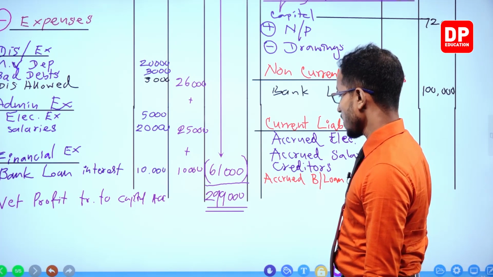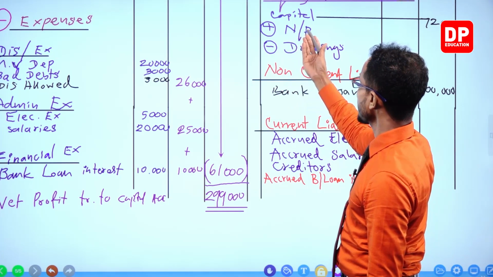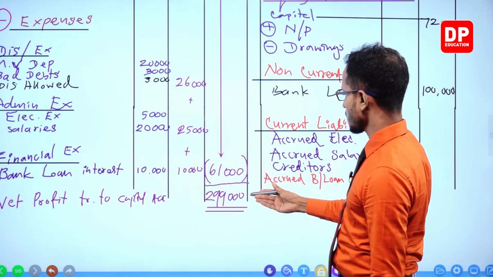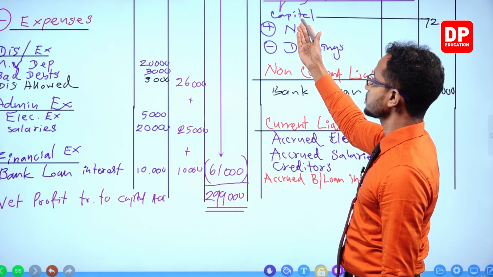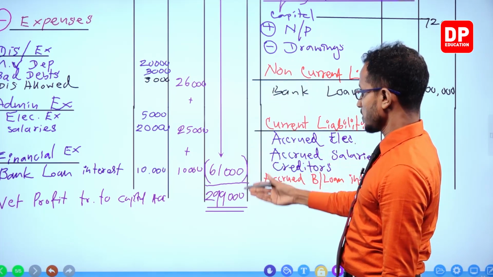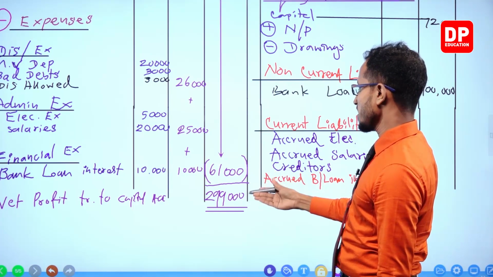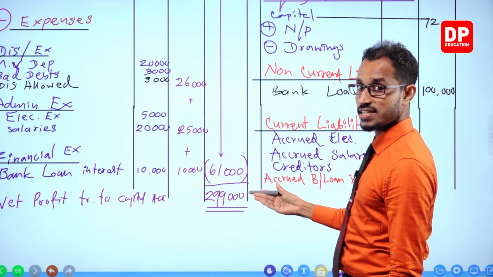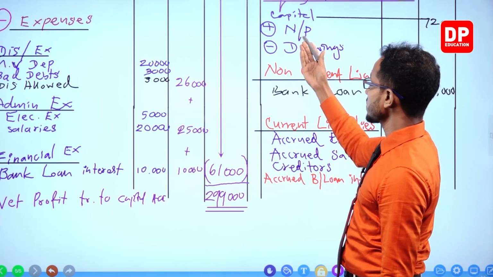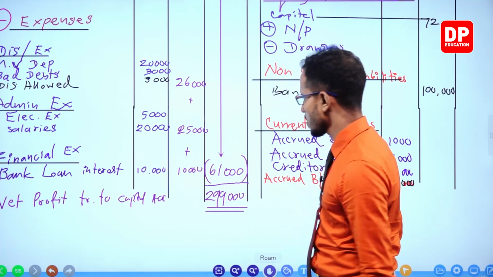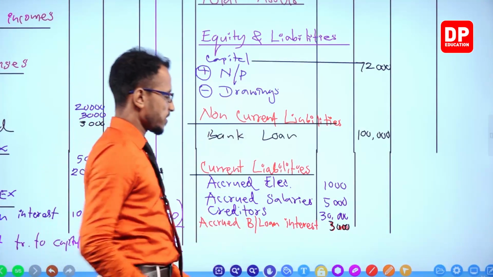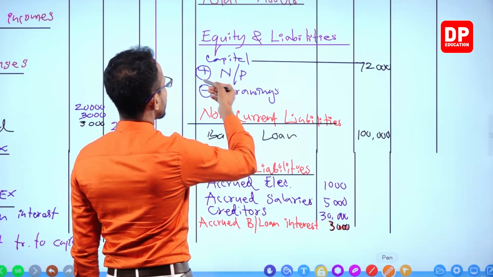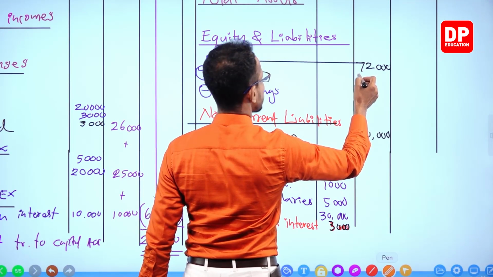Now take it to the capital account and add it to capital. 299,000 is the net profit, right here. Can you see that? Yes, net profit is here.